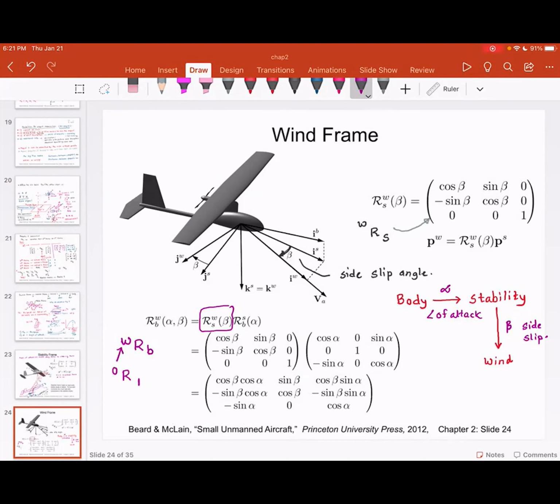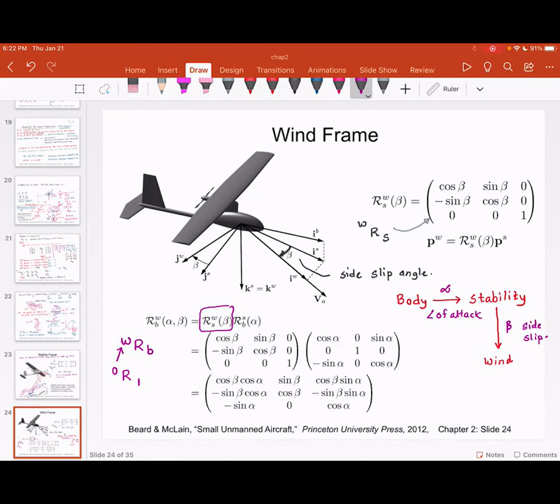And it's an orthogonal matrix. If you transpose it, you can get the inverse relationship. So what I want you to understand is, because of the air velocity, because of the wind velocity, we need to define two more frames. One is the stability frame and the second one is the wind frame.